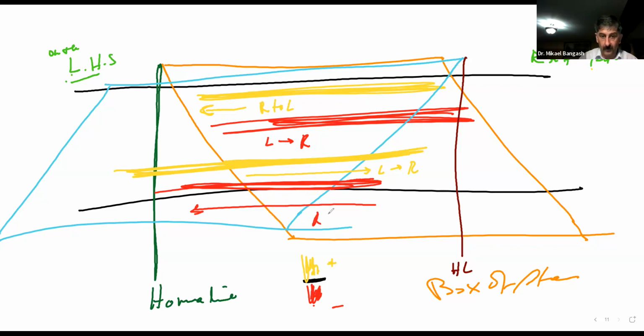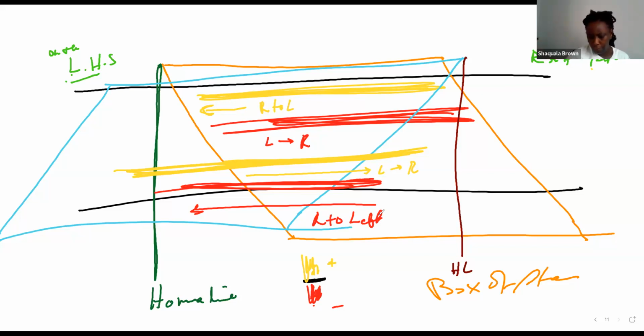So it goes from right to left. If that makes sense. Yes. Right.